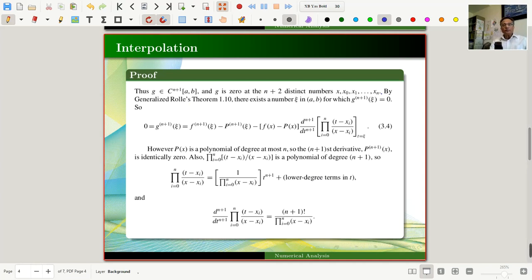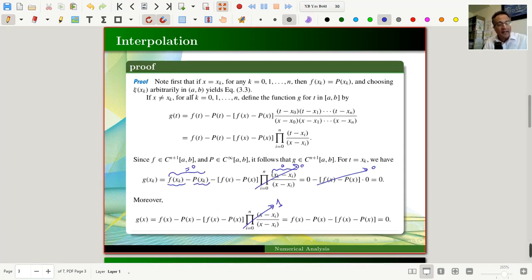And now by the generalized Rolle's theorem, there exists a c in the interval [a, b] such that the derivative of g of order n+1 at c will be 0. So we can take the (n+1)th order derivative of this equality. We get the derivative of order n+1 of f at t minus the (n+1)th derivative of P at t, and so on.